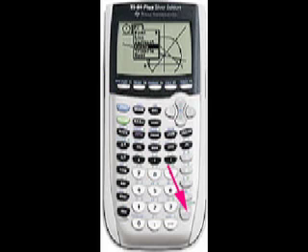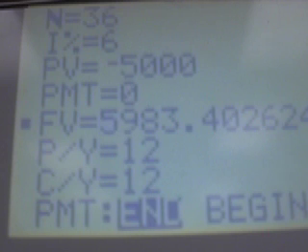So when you press alpha enter, this will be accessing solve. And the calculator automatically puts the amount of money in your account at the end of 3 years, which is $5,983.40. Now you can set your calculator to have exactly 2 decimal places, or you can simply round off the values. You can do whichever you prefer.